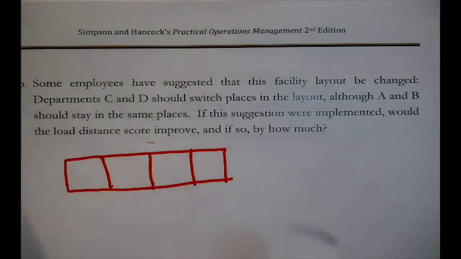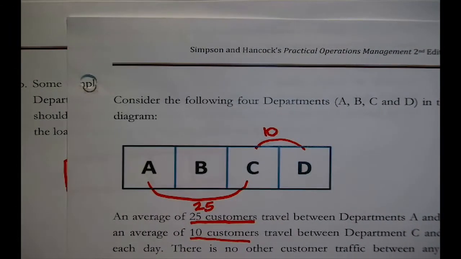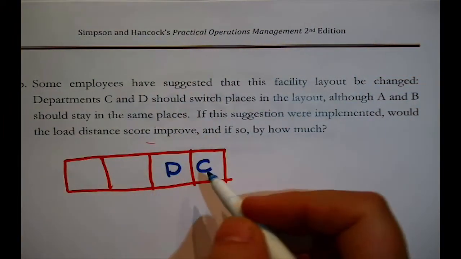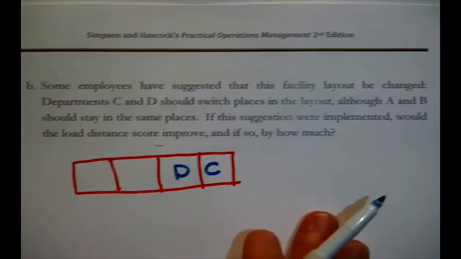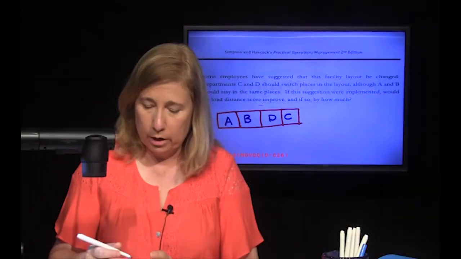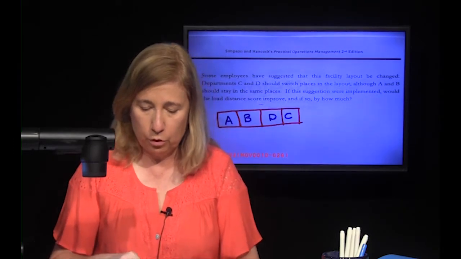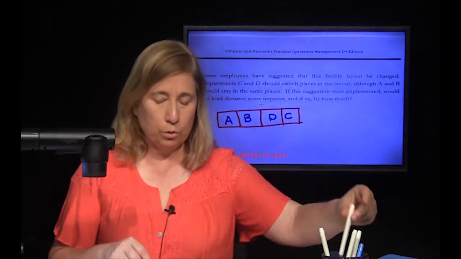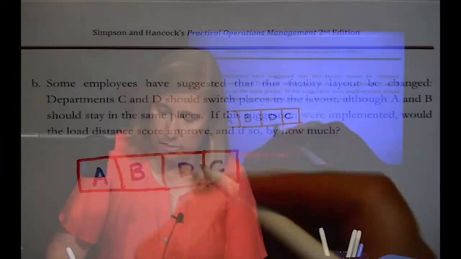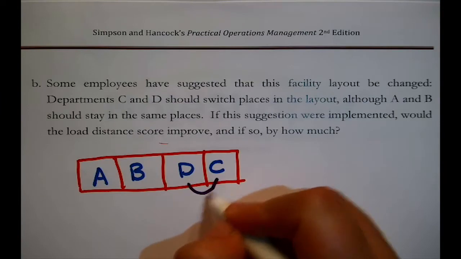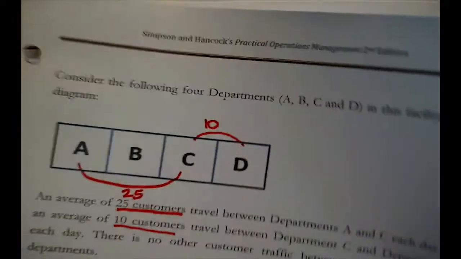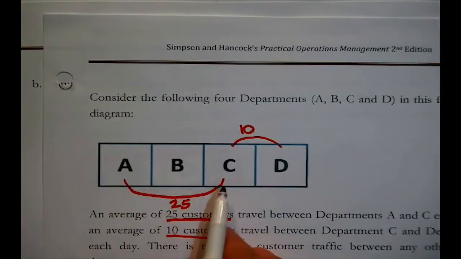The new suggestion is C and D should switch places in the layout. In the original layout, they were in alphabetical order, A, B, C, D, so C and D should switch. That means D would be here and C would be here. A and B stay in the same place. Then we just go through the same arithmetic we did last time. Between C and D, there's 10 trips, and between departments A and C, there's 25.